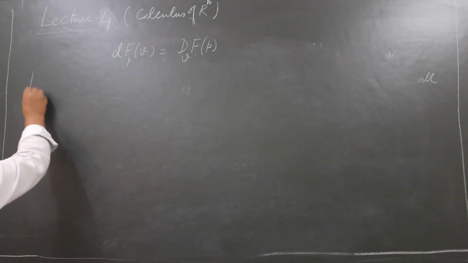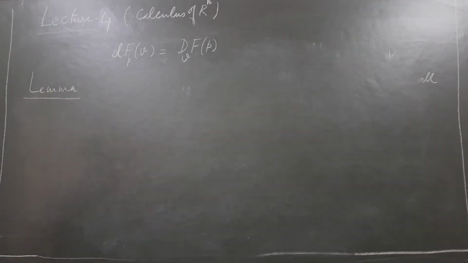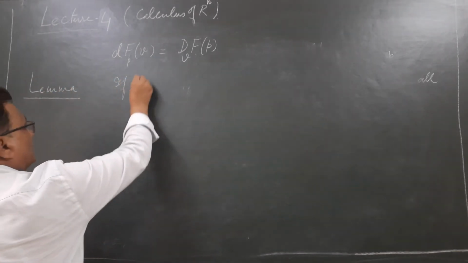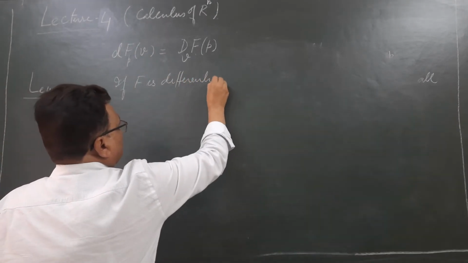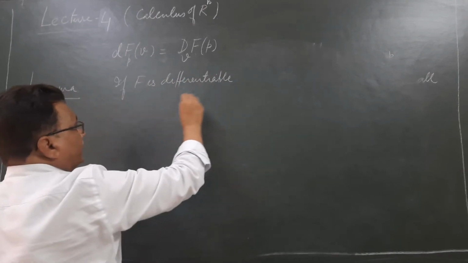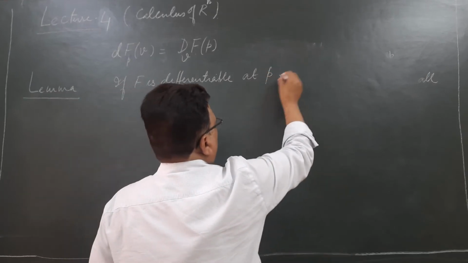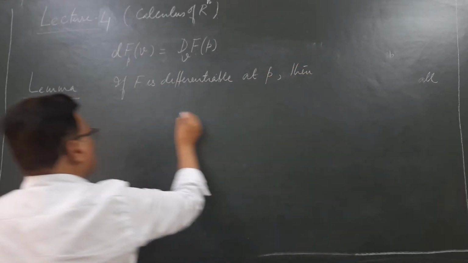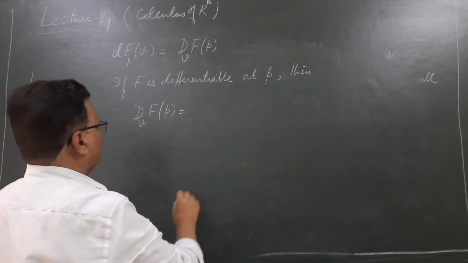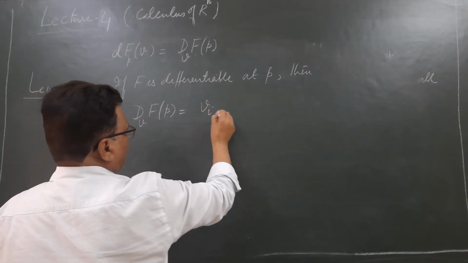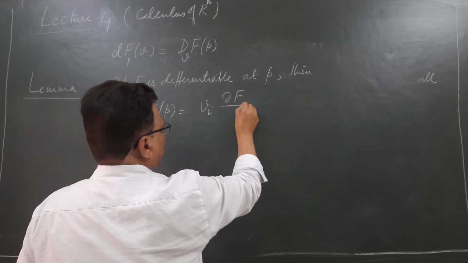Now the third lemma says the following: if f is differentiable at p, then D_v f(p) will be equal to the sum of some v_i in terms of the directional derivatives, del f upon del x_i.